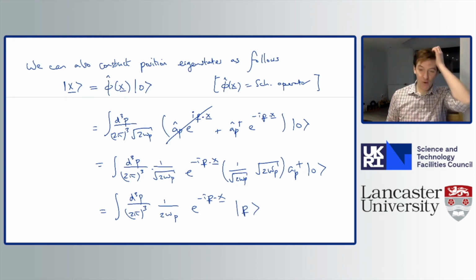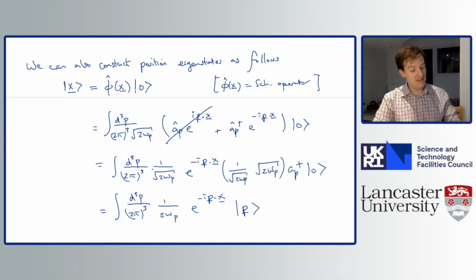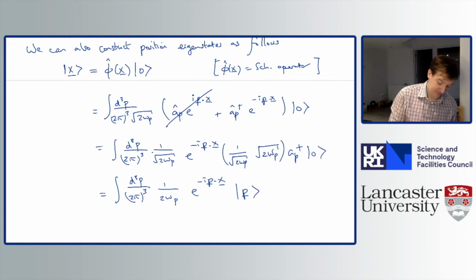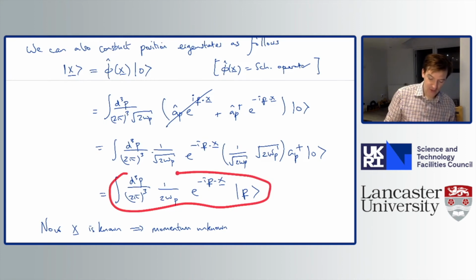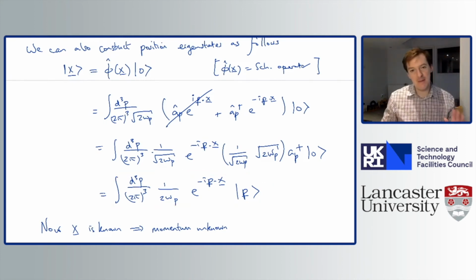So what we find with this position eigenstate is that X is now known completely, but our momentum is completely unknown. We can see that from the expression above, from the fact that we have to sum over all possible momentum eigenstates.